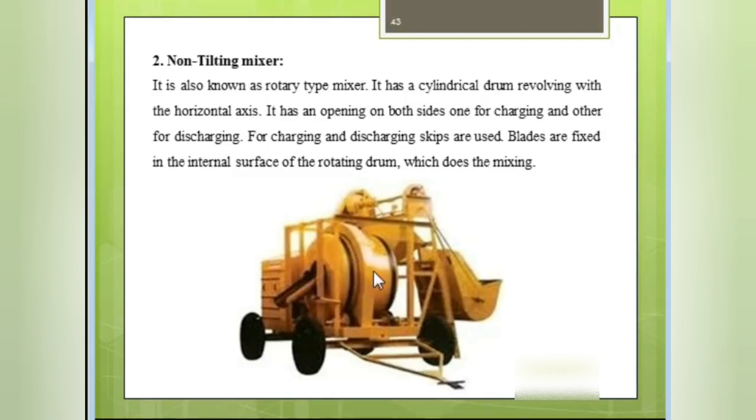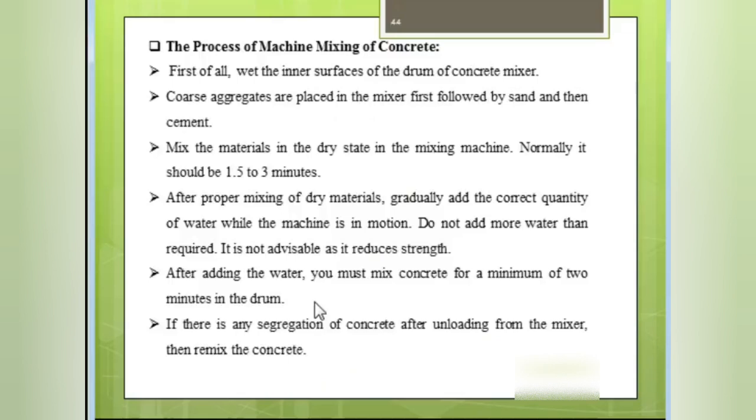There is a small gate, an opening, through which we can get all the mixed concrete. That's why it is called non-tilting, because the cylinder will not tilt. This is the only difference between tilting and non-tilting mixers.